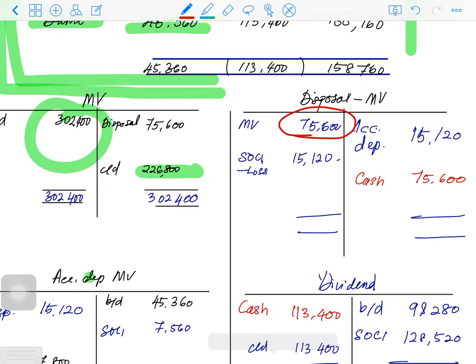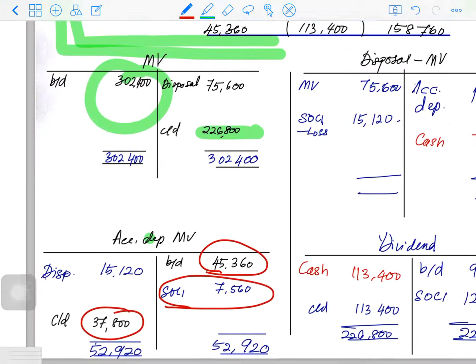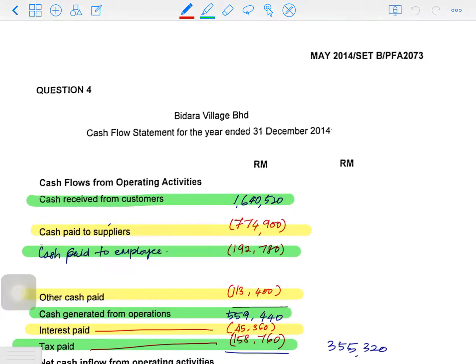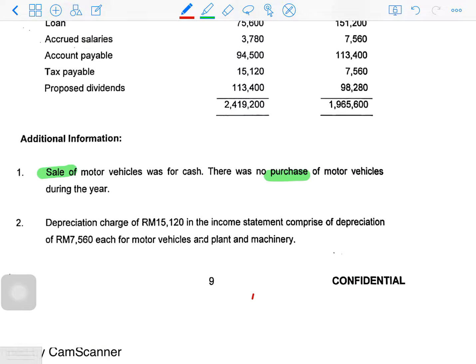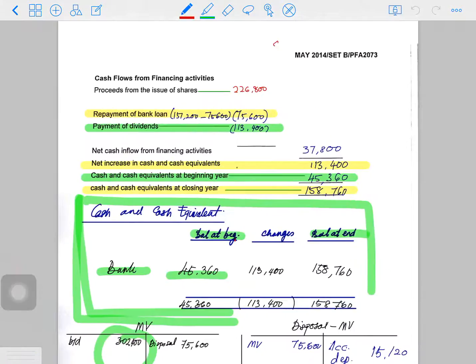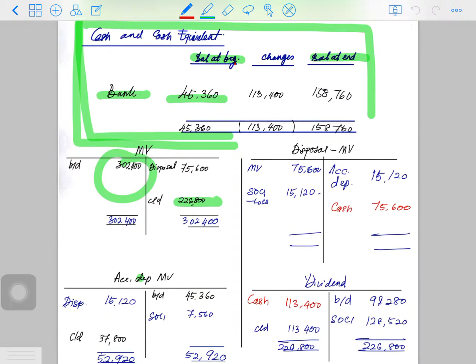And then it mentioned in the additional information that the depreciation charge of the motor vehicle charged to the statement of profit or loss is 7,560.